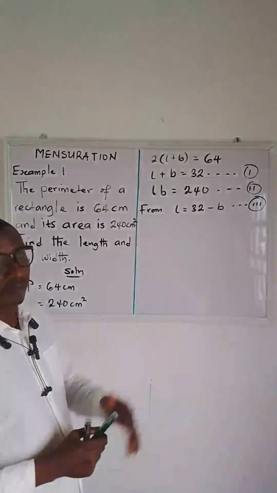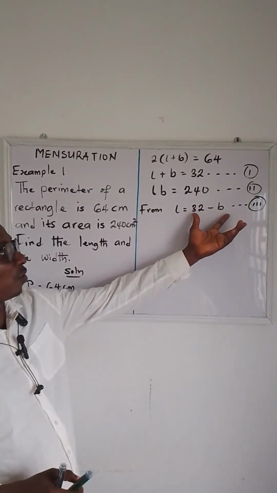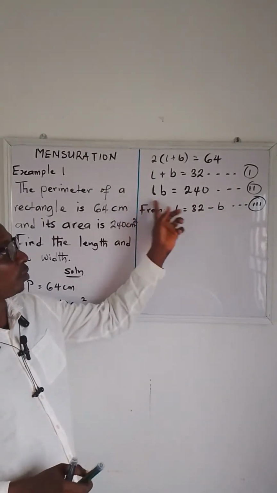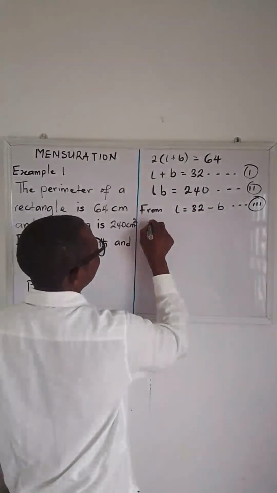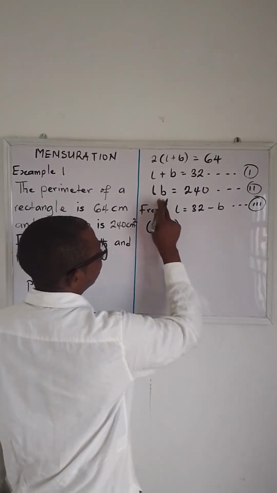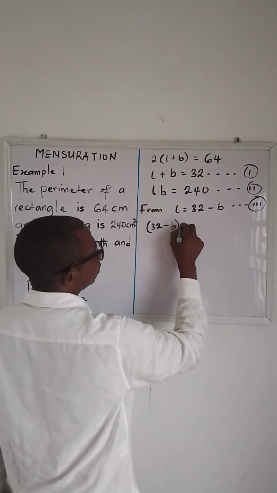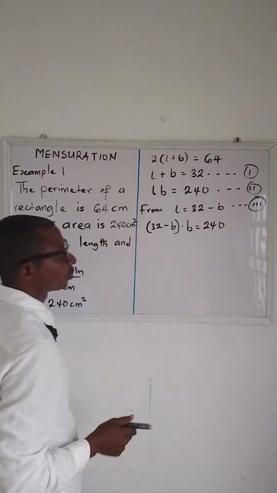All right, so we now have an expression for L. So now let us plug in the value of L into equation 2. When you do that, you have (32 minus b) times b equals 240.